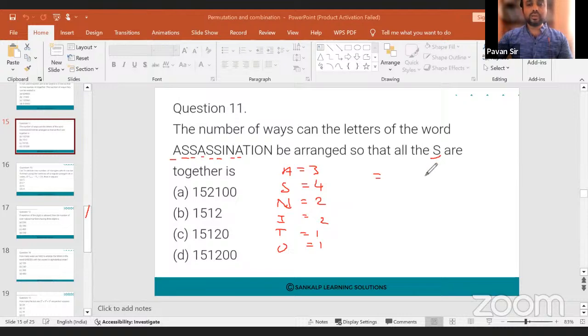All S together. So it is 10 factorial divided by 3 factorial into 2 factorial into 2 factorial. Try to calculate it fast.